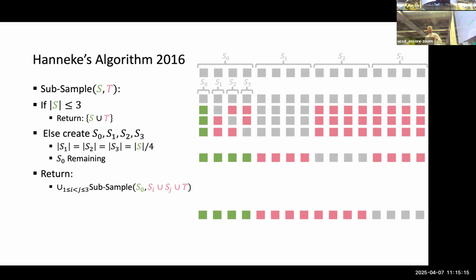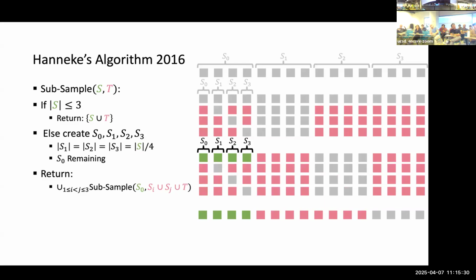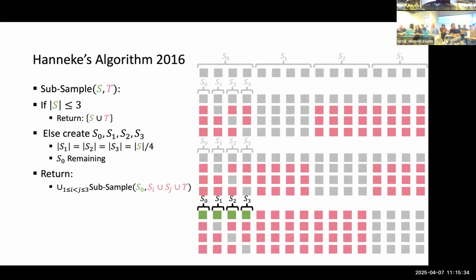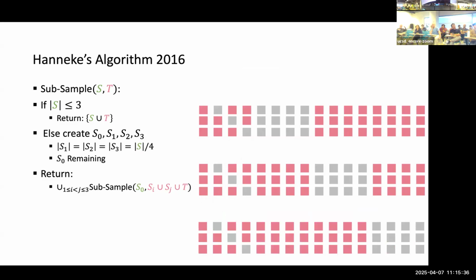And now you're at the base case, the training data set S is size 1 here. So you just output both the green and the pink data points here as a subset of the full training data set. So you generate many subsets of the training data set, where we leave out the gray parts. And when this recursion bottoms out and finishes, you have all of these different subsamples.